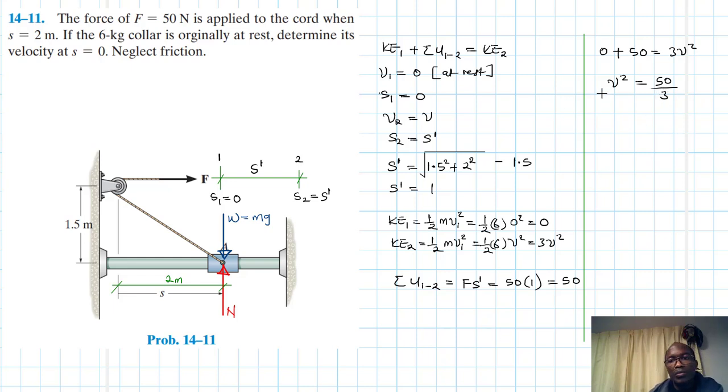Taking the square root of both sides, we find that v is equal to the square root of 50 divided by 3, which is 4.08. Therefore, our V2 is equal to 4.08 meters per second.